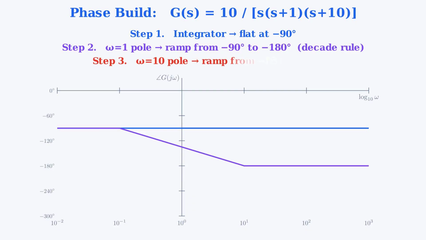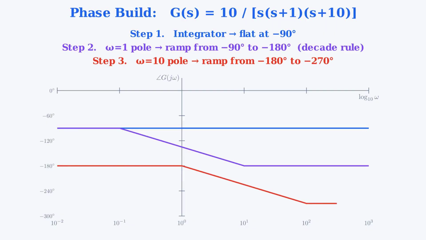Total. Below omega equals 0.1, the phase is just the integrator contribution, minus 90 degrees. Between 0.1 and 1, the first pole's transition starts. Phase ramps down from minus 90 toward minus 135 degrees by omega equals 1. Between 1 and 10, the first pole completes its drop and the second pole's transition begins.